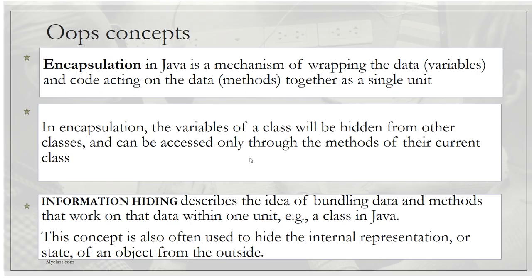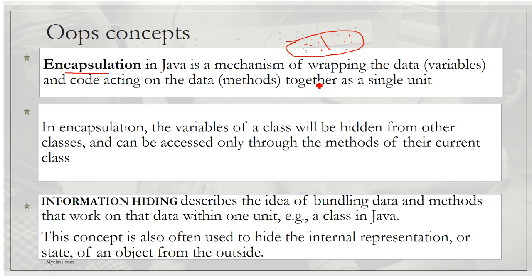Next, we are going through another OOP concept: encapsulation. Encapsulation in Java is a mechanism of wrapping the data and code acting on the data together as a single unit. See, encapsulation, capsule, just like our capsule. Lots of different things are inside a capsule, not like a normal tablet.